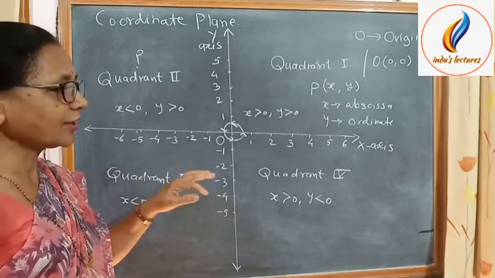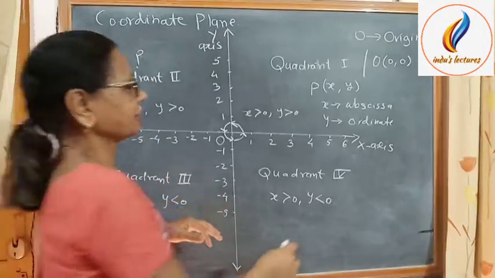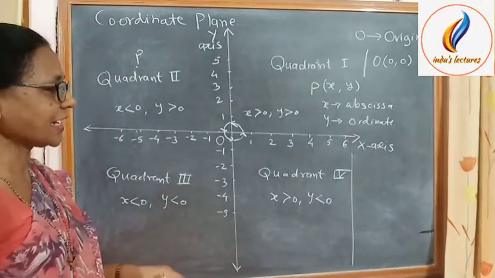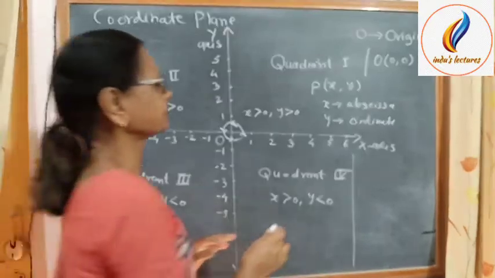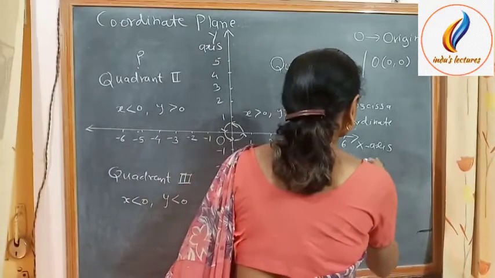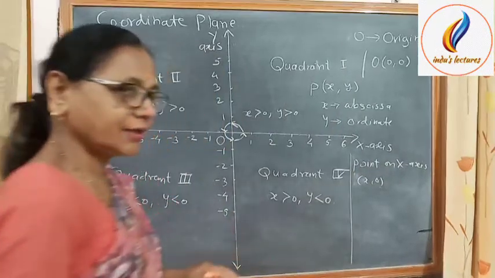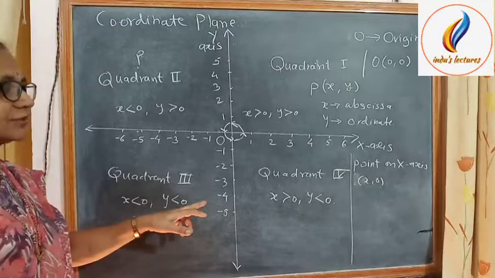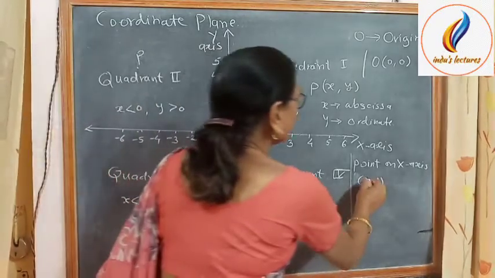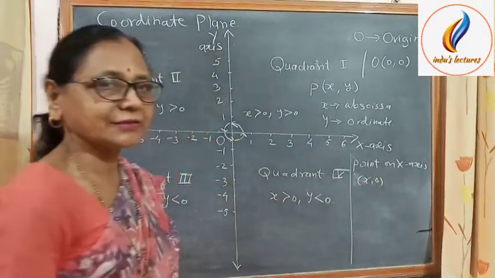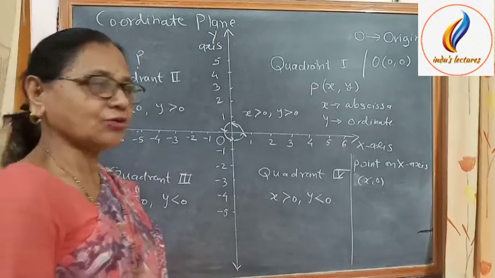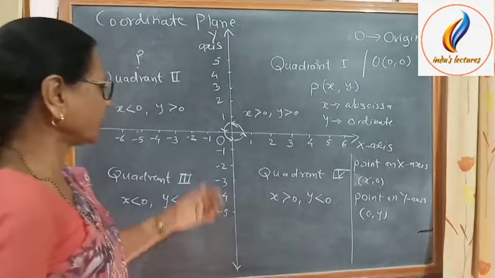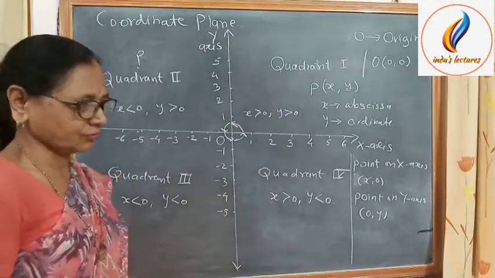That means any point on the x-axis has coordinates (x, 0). Similarly, if we take any point on the y-axis, then its x coordinate is 0. So any point on the y-axis has coordinates (0, y), and the coordinates of the origin are (0, 0).